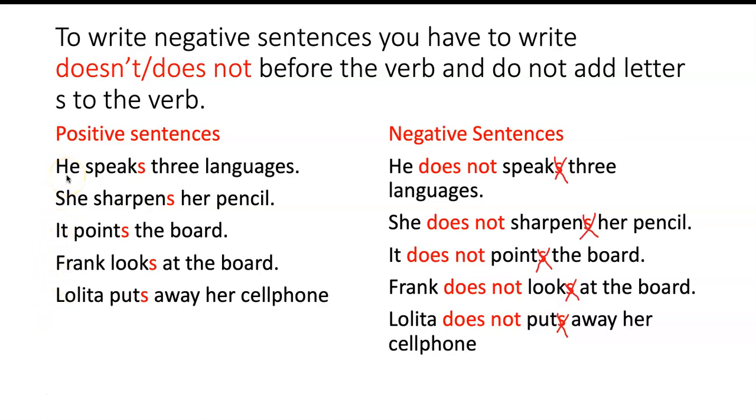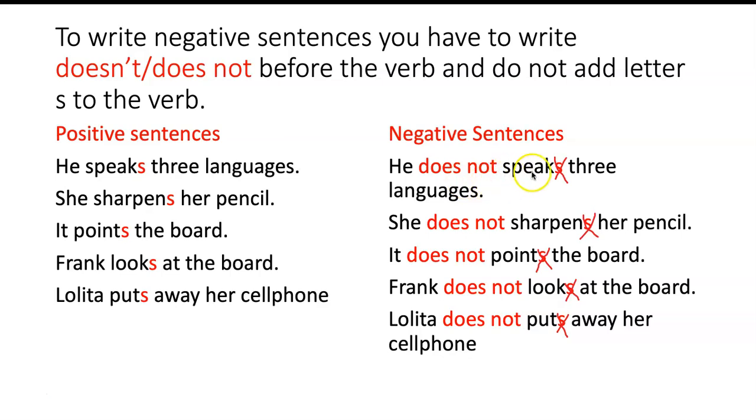In positive sentences, you have to add letter S. This is the rule. He speaks 3 languages. What happens when you write the same sentence but in negative? You add does not, but you don't have to continue adding letter S. Okay, so letter S disappears and you have to continue with the rest of the sentence in the same way.